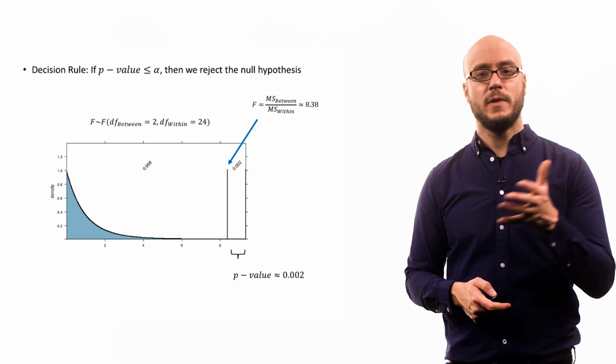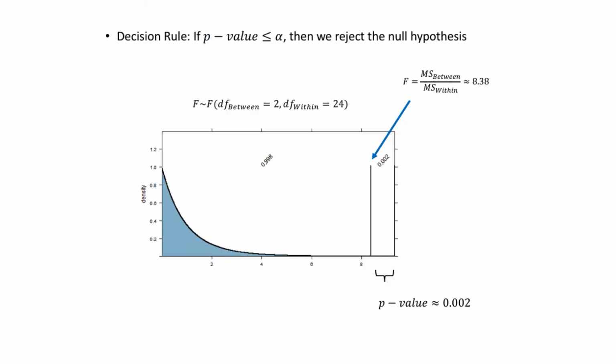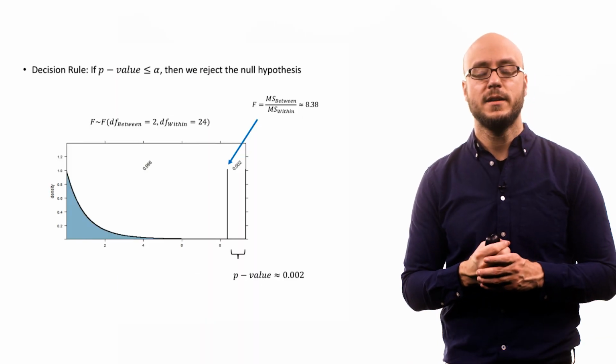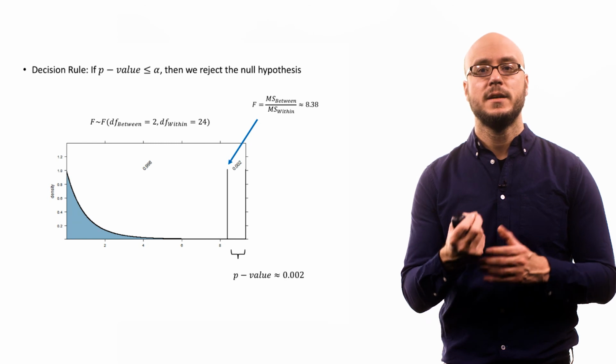We can also graph this p-value and our F-test statistic. When we have degrees of freedom of 2 and 24 respectively, the F distribution model looks like this roughly. The p-value is 0.002. That is just the probability of obtaining a test statistic as or more extreme than the one we obtained. The test statistic we obtained is about 8.